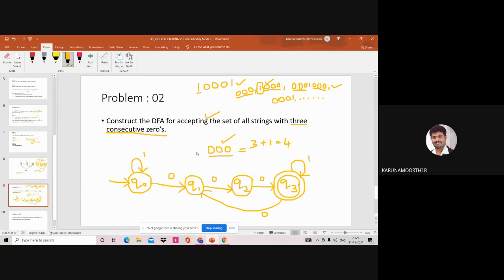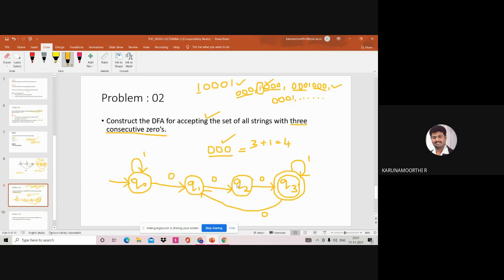Afterwards, think about what are the strings accepted for the given condition. So you can take 5 to 10 strings. So in a single automata, our entire string must be accepted. Okay, so that is the case in our DFA.